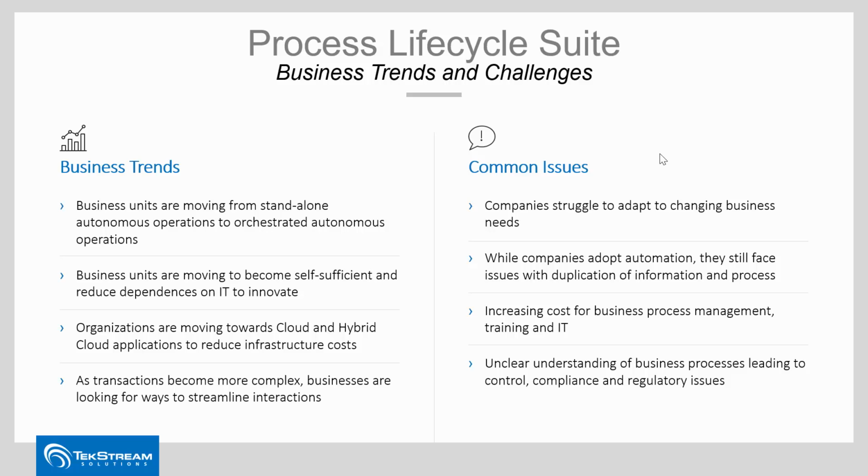And quite often, it means that you've got a base level of technology that's persistent across your organization, but can give the lines of business freedoms to work in a manner that's best suited for them. We also find that business units are becoming more self-sufficient, and it's reducing dependency on IT to innovate.